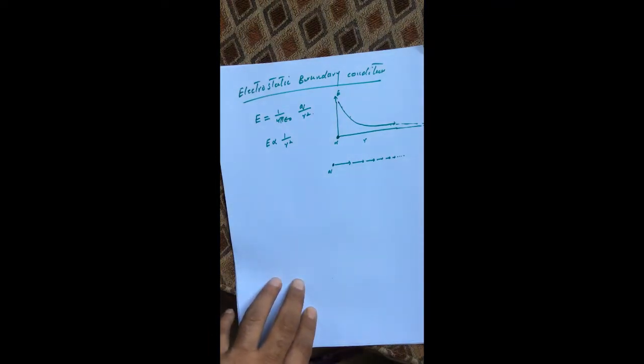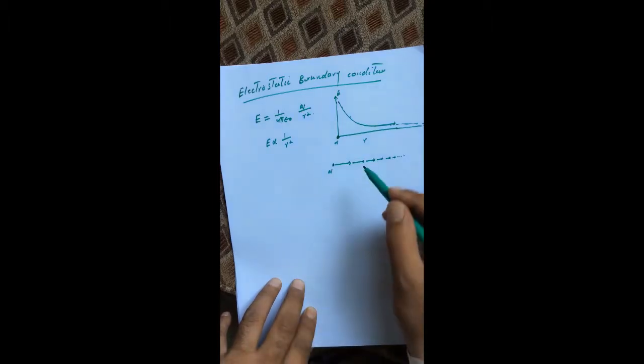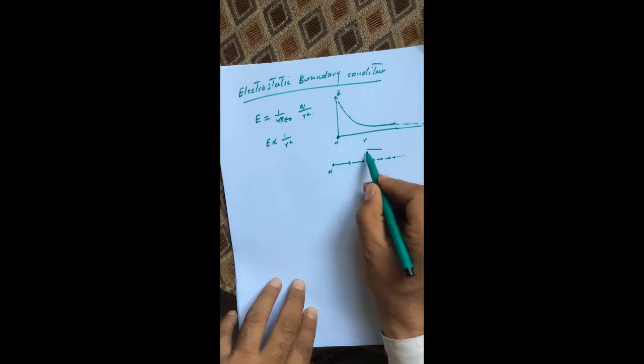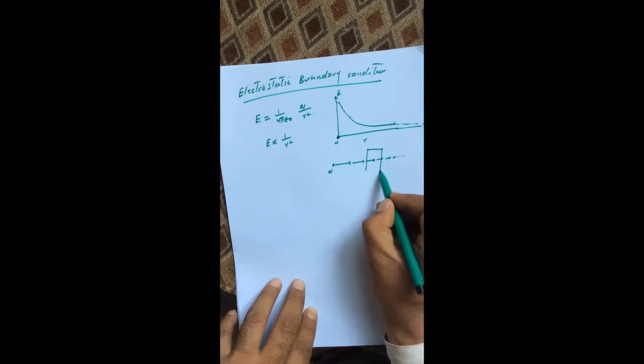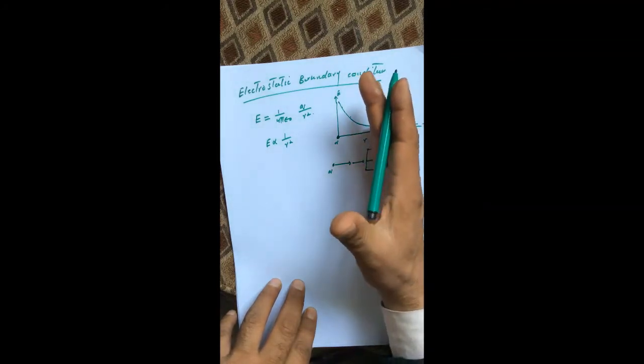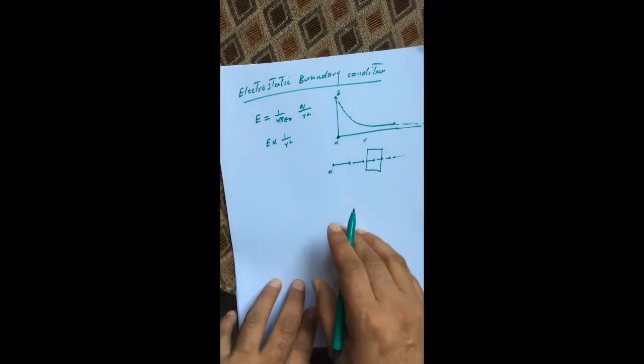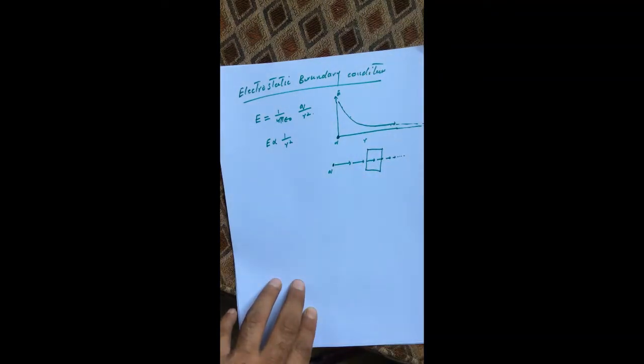Now if we introduce a charge surface in the direction of electric field, let's suppose this is the electric field, and here I put a surface with charge on that surface, then what will happen?